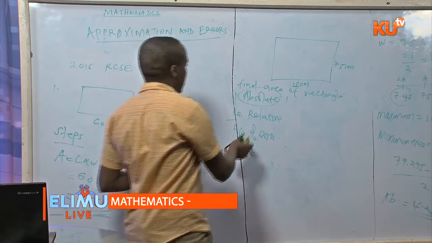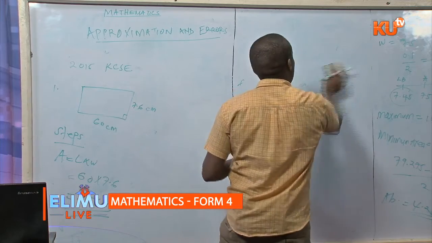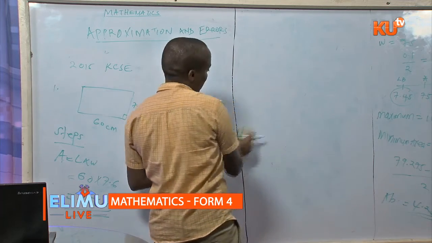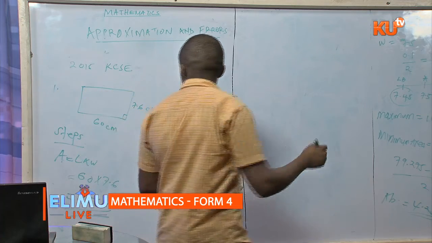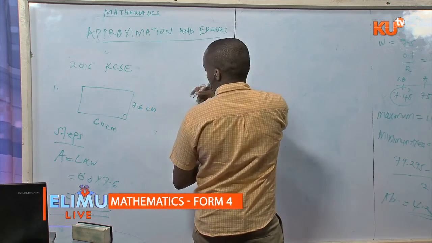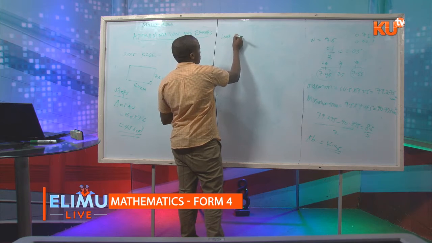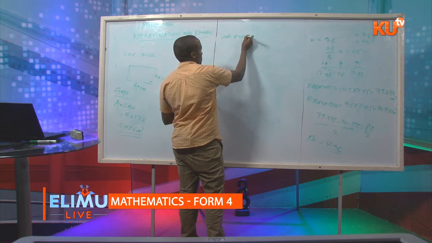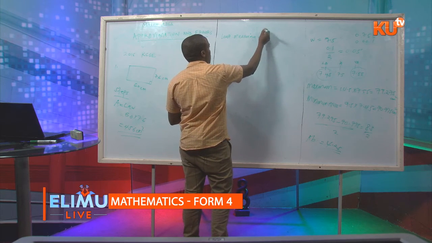I need you to understand these steps and always follow them, because you cannot know where to go unless you know the steps to follow. After that, you want to get the maximum, using the least measuring unit of the measurement given.